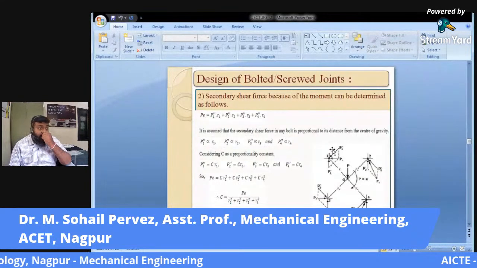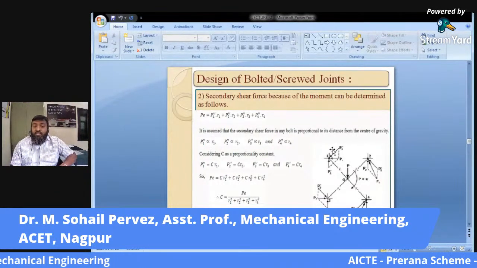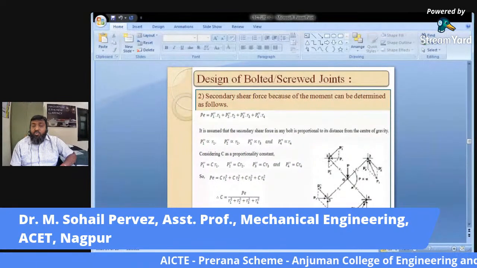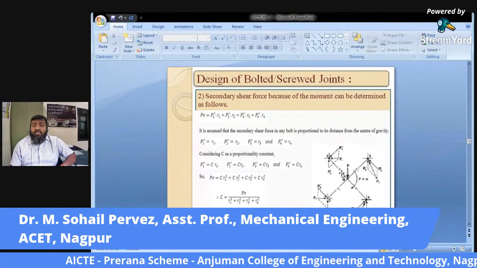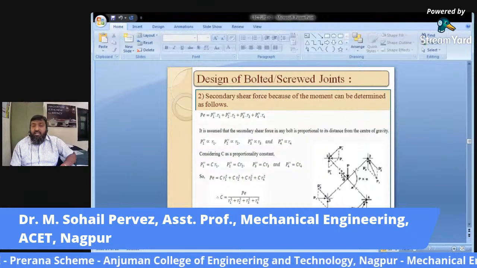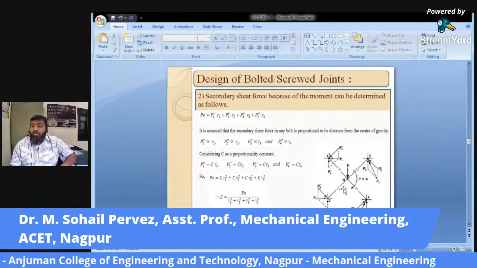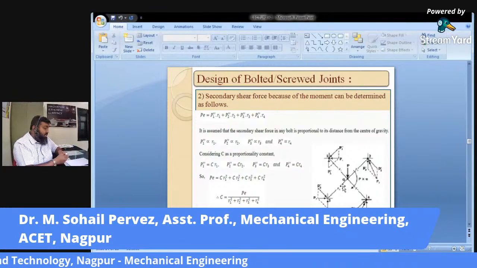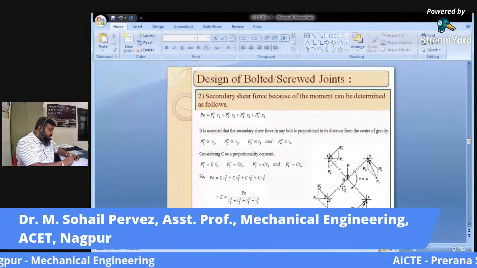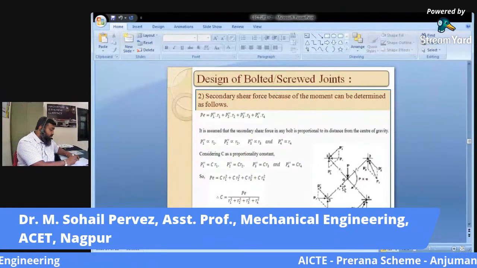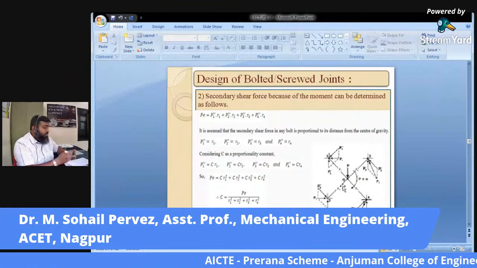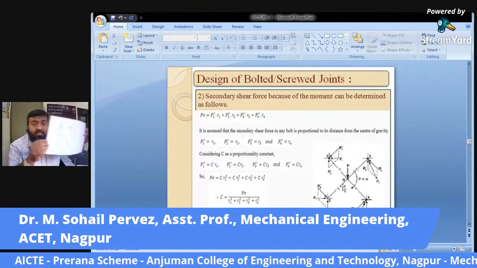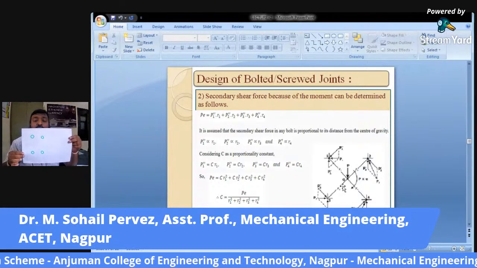When we say as follows, you have to consider this diagram which I have depicted here to show the primary and secondary shear forces, because of the rivets or the bolts which are there. Please try to understand this fact. I think this is visible.